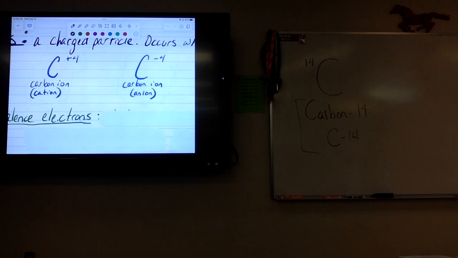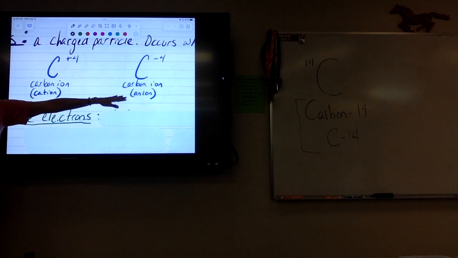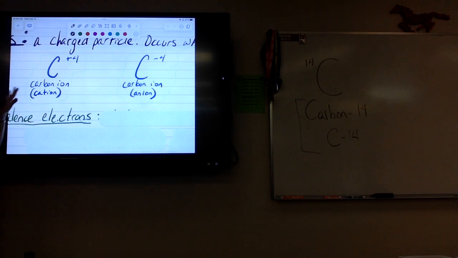So if I say the carbon cation, I'm telling you which ion I want. I'm telling you I want the positive one. If I say carbon anion, I'm telling you I want the negative. So cat means positive, an means negative. It's cation, anion.